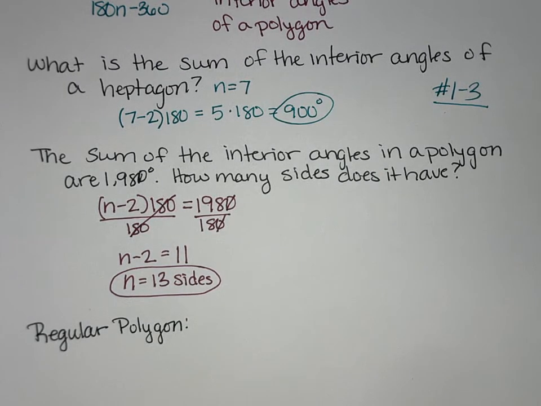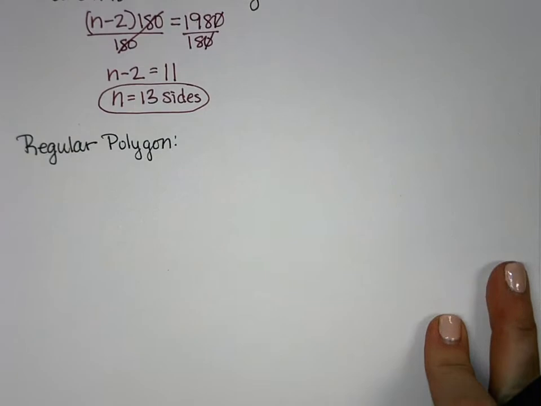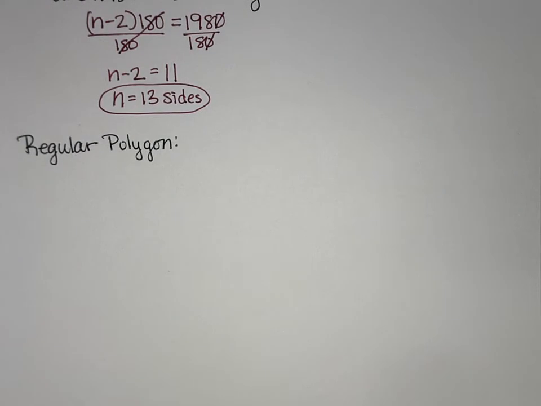Anyone think they know what a regular polygon is compared to just a polygon? So putting that word regular in front changes something, or it tells us something. A regular, well, William, were you going to take a guess? Yeah, maybe. What do you think?